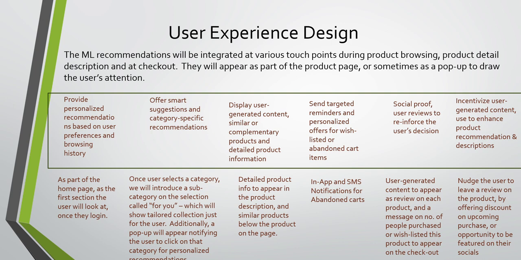And once the user is at the cart, we will show user-generated content, such as reviews against the product, and give them social proof on how many users have shortlisted or purchased this item, just to give them comfort in buying from the online portal. And once the user leaves feedback, we will incentivize and nudge the user to leave a review by giving them a discount or an opportunity to be featured on the socials.